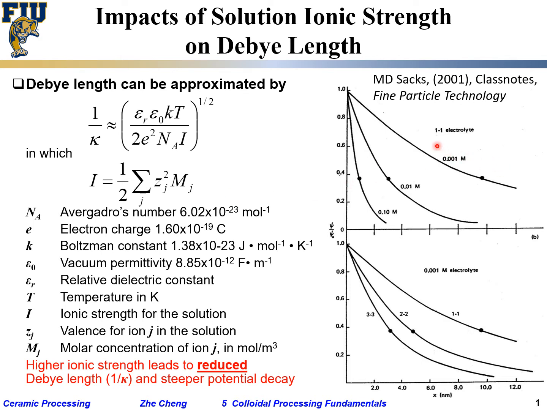And if we are talking about a 1-to-1 electrolyte, you would see that with an increase in concentration, which is an increase in this Mj, I would have a dramatic proportional increase in the so-called ionic strength.